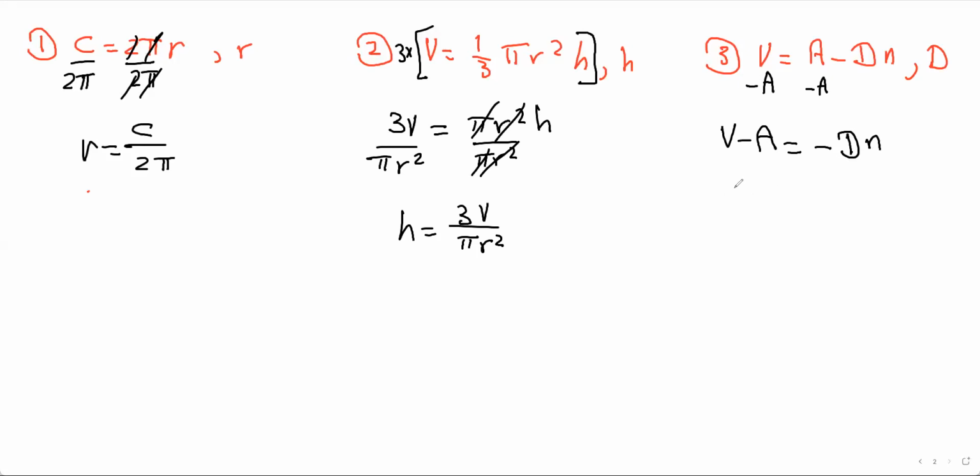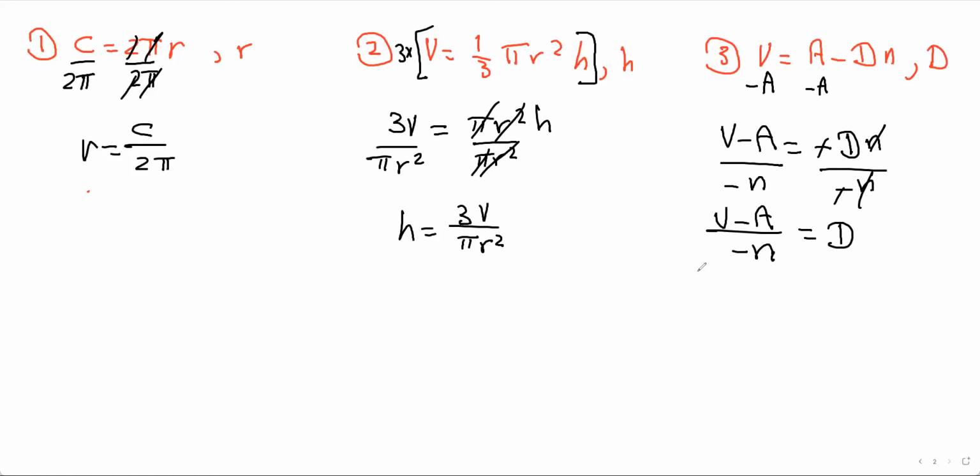Since I need to solve this for d, I'm gonna divide both sides by negative n. So V minus a over negative n, that n will cancel with the n, and the negative will cancel with the negative. So V minus a over negative n equals d.